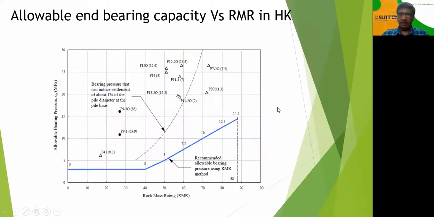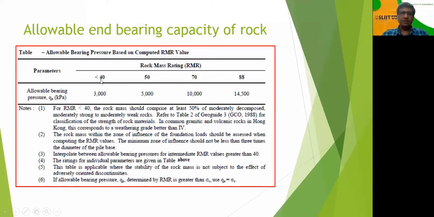They are proposing this relationship: if the RMR is less than 40, you get an allowable end bearing capacity of 3,000, if it is 50, it is 5,000, if it is 70, you get 10,000, and if it is 88, you can get 14.5.